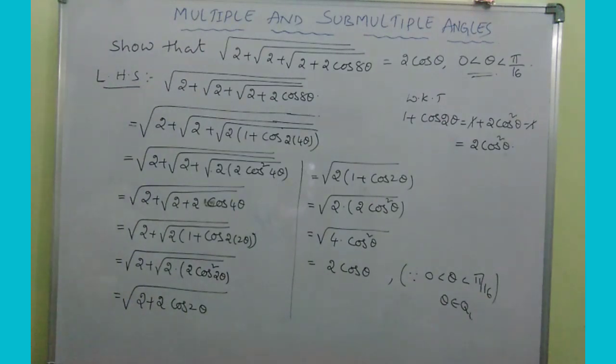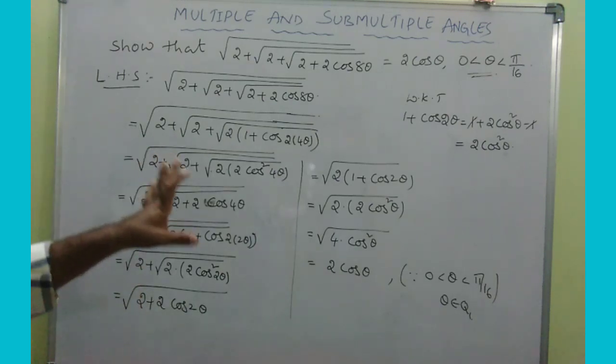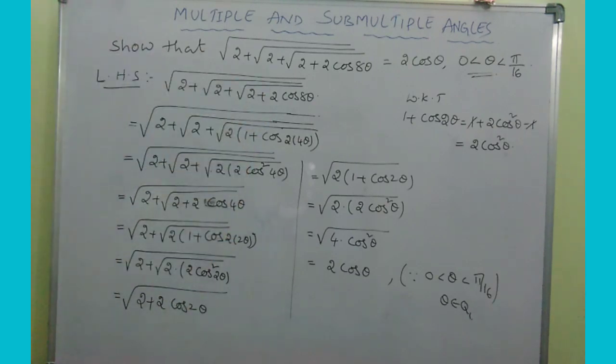In the first quadrant, cos is anyhow positive, right? So hence the answer is 2 cos theta. The entire problem is based on a simple formula, that is 1 plus cos 2 theta is equal to 2 cos square theta.